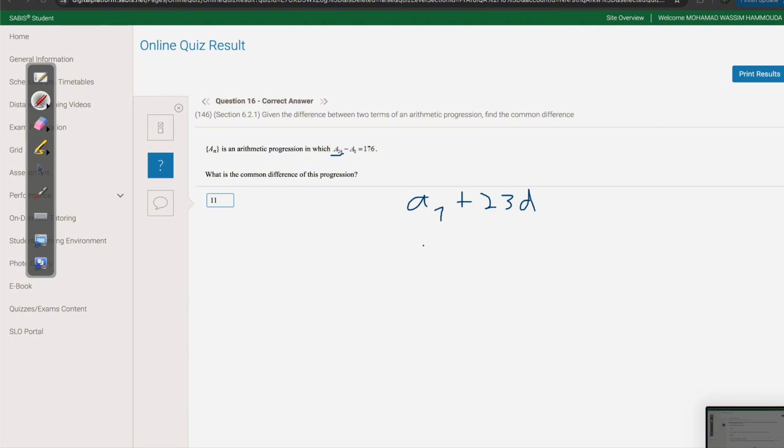And then for a8, a1 plus 7d. If we subtract these two, it's going to give us 176. So we cancel this, 23d minus 7d is 16d is equal to 176. So 176 divided by 16 is 11, which is the right answer.